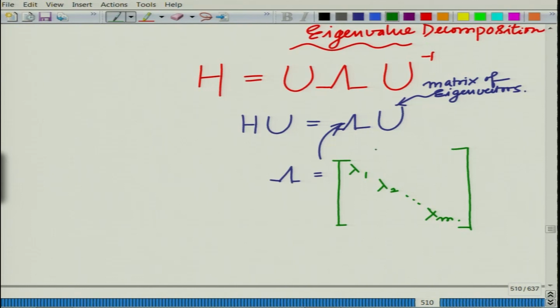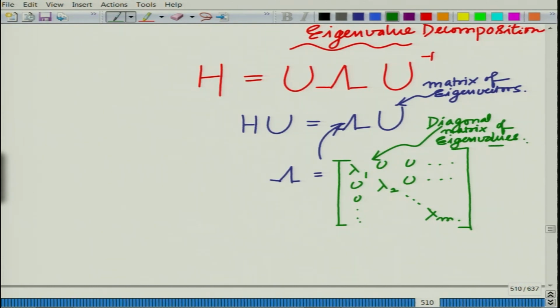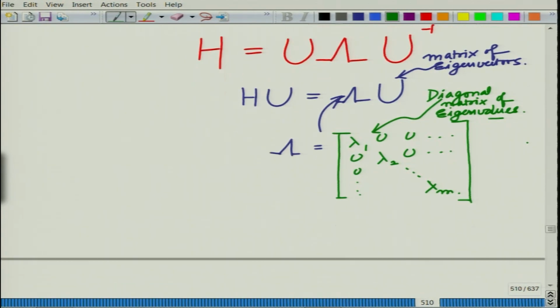The rest of the entries are of course zeros, so this is basically a diagonal matrix of eigenvalues.